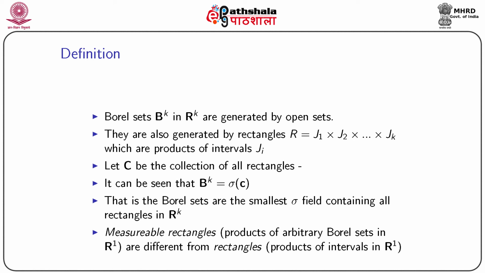Now it is necessary to distinguish between measurable rectangles and rectangles. Rectangles are the products of intervals in the real line, and among these we have measurable rectangles, which are the products of arbitrary Borel sets in R1, that is the real line. So it is very important to differentiate between measurable rectangles and rectangles.